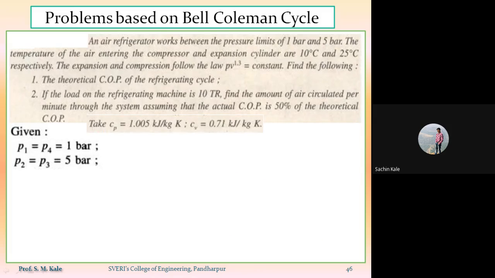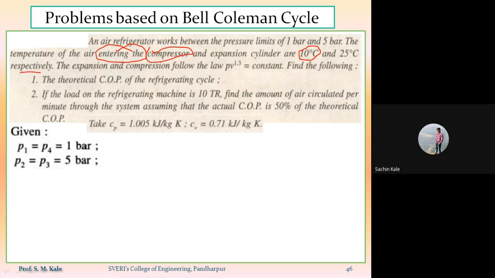Now the next point: the temperature of air entering the compressor and expansion cylinder are 10 degrees centigrade and 25 degrees centigrade respectively. As the word respectively is there, 10 degrees centigrade corresponds to the inlet of the compressor, because they have clearly mentioned air entering the compressor and expansion device.